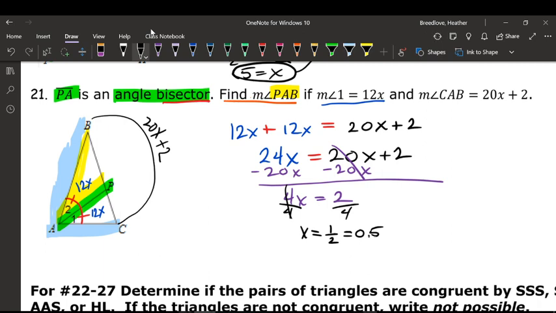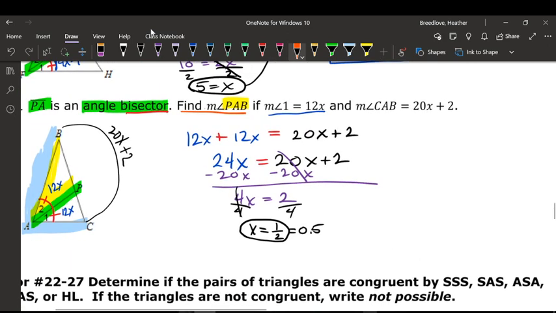Because this doesn't say find x, so I'm going to have to plug it back in. I'm going to use half because I like 1/2 better than I like 0.5. And then I'm going to find the measure of PAB, which was the highlighted yellow, which I know is 12x, because I know that they are the same.